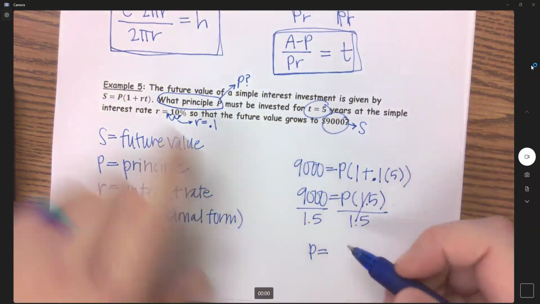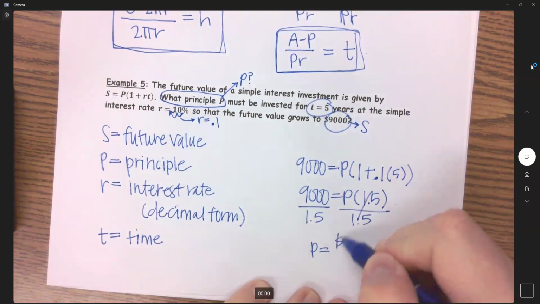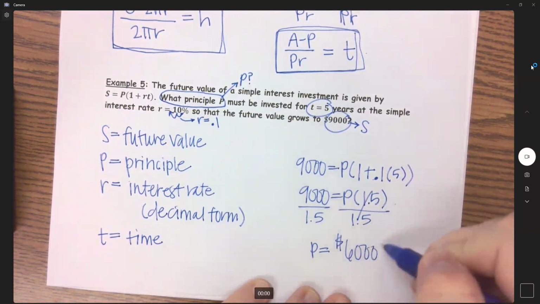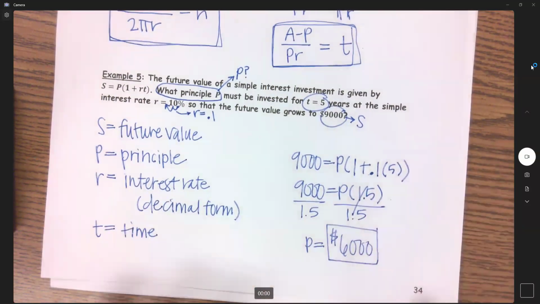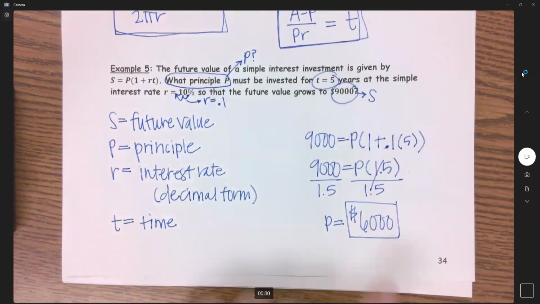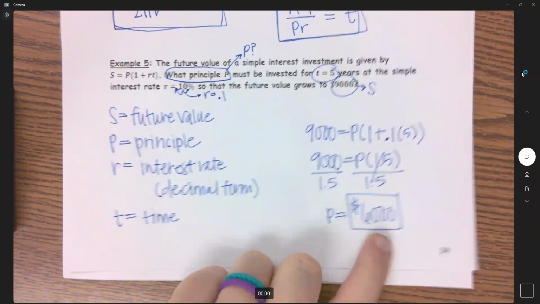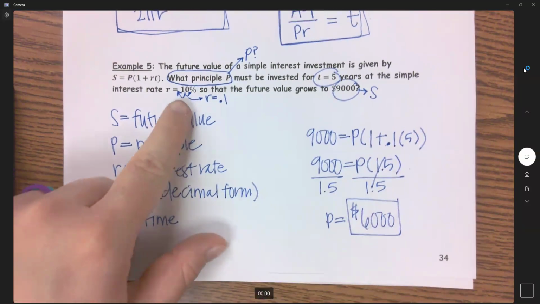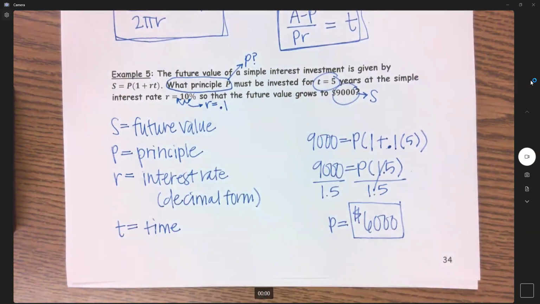And we're talking about money, what principal money? So we could put $6,000 for my answer here. So if we invest $6,000 at a rate of 10% in 5 years, we'll be at 90,000. Or, ooh, that would be nice. We'll be at 9,000.